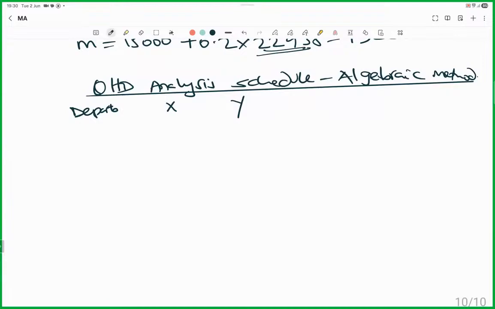Once you have that, ladies and gentlemen, this is what I expect you to do. Those figures you already have. Mine is simply to show you how to apportion them. So we have here department X and Y. How much do we have as initial overhead?